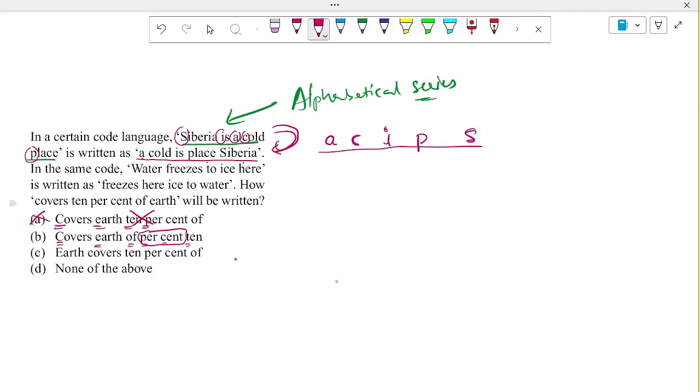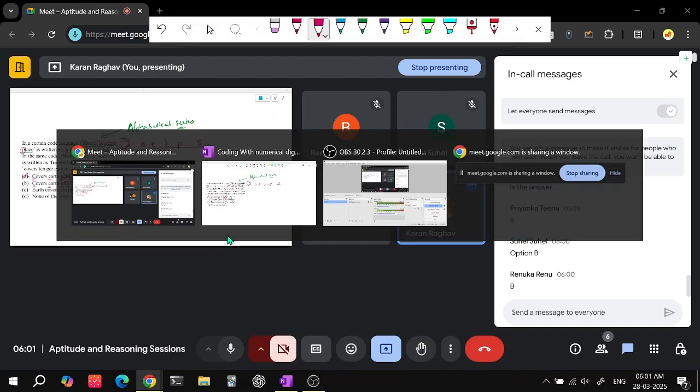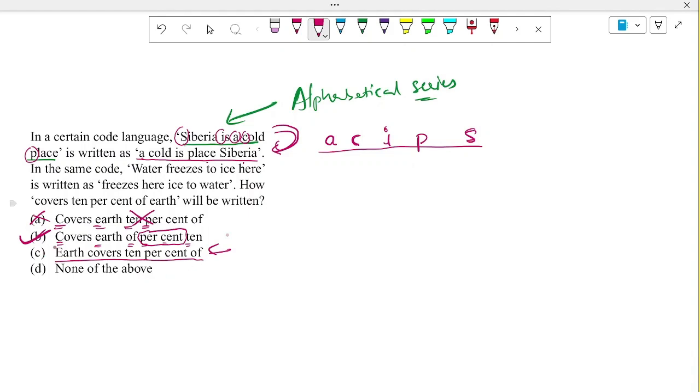Yes, it is a single word. Don't divide it. So most probably whatever you have answered, B, is the correct answer. Okay. So B is correct. This earth covers 10% of. This is having a problem. We have got E here and C here. So this is not the option. So the most suited answer is option B. So B is correct.